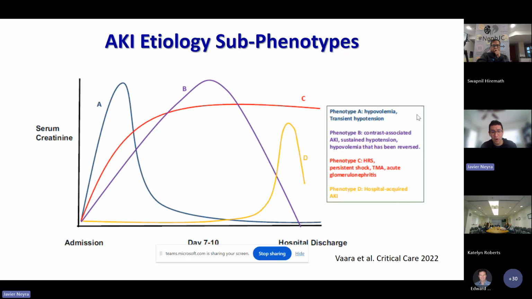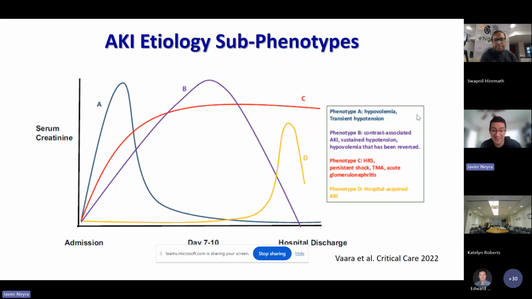Now, it's complex because AKI has multiple etiologies, and the etiology affects the subphenotype. And in this particular example, it's represented the subphenotype of the trajectory. You have a patient, just to put 2 examples, in the letter A in blue there, that is clearly hypovolemic, and that's the cause of the AKI. And when you restore the intravascular volume, the AKI resolves, right?